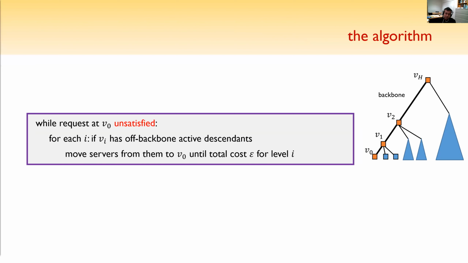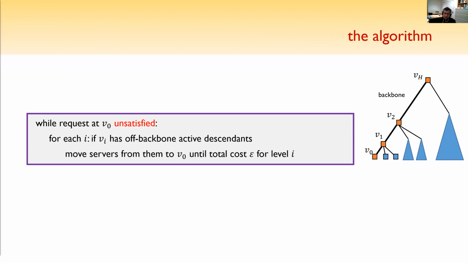And now all that we ensure in our movement of servers is that the set of subtrees at any one level of this backbone, so the subtrees hanging off V1 or the subtrees hanging off V2 or the subtrees hanging off V sub H, each such set of subtrees incur the same rate of cost.